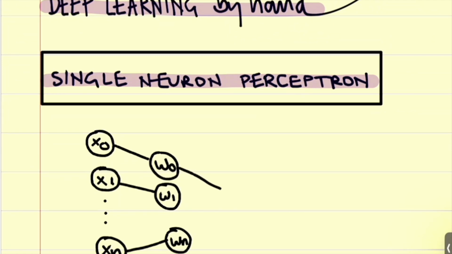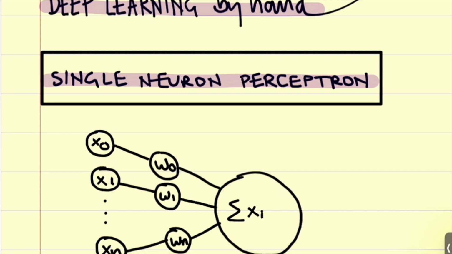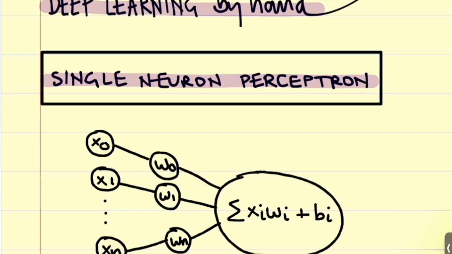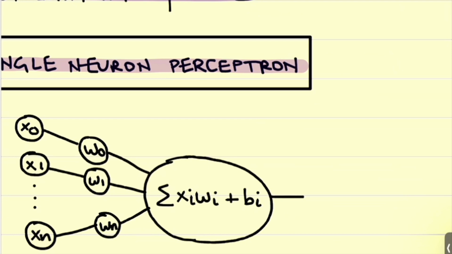And all this is going to be added by a neuron, in which we do the add up of all these x_i times w_i. And with a bias. Then we have an activation function.